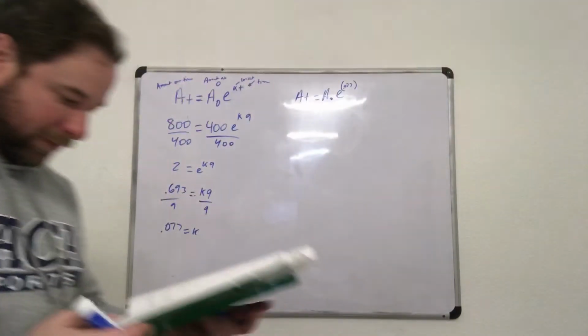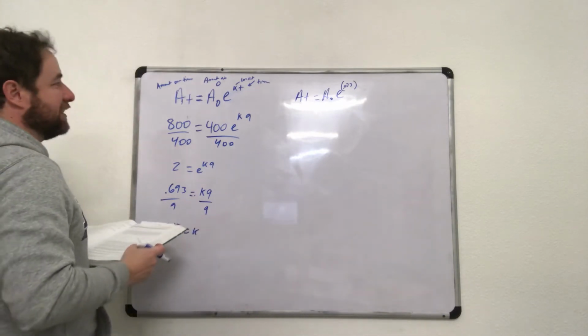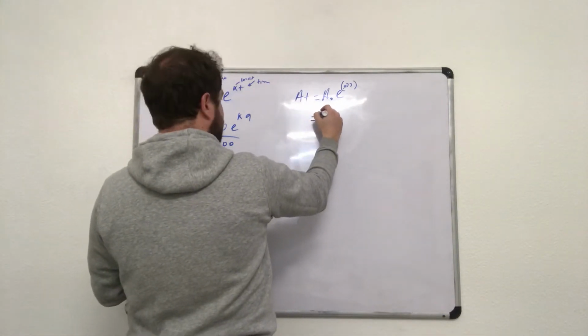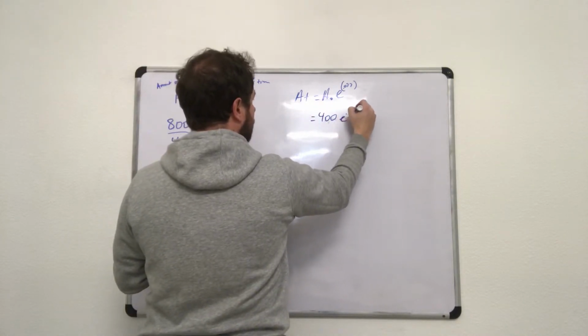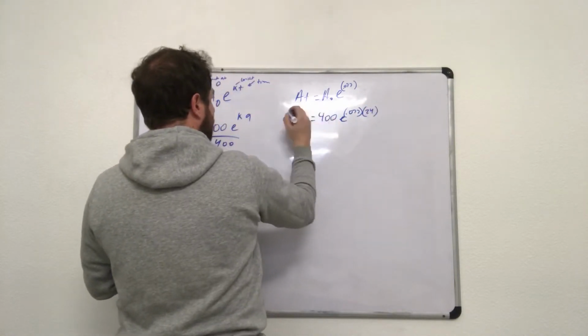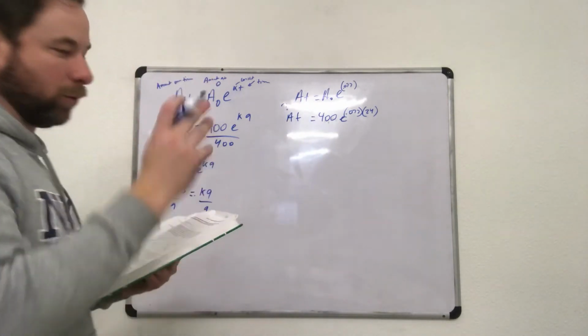Let's get the second scenario here. It says, assume exponential growth, find the number of bacteria present at noon the next day. So at noon the next day, the amount at 0 was still 400, e to the 0.077. This would be 24 hours later, and so they want the amount over time. This is what we are solving for.